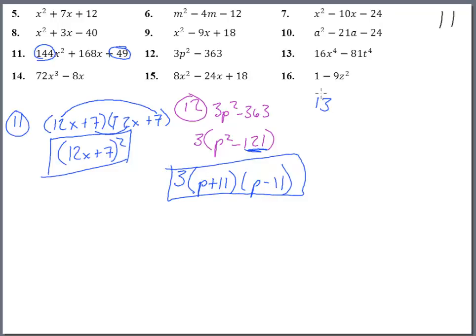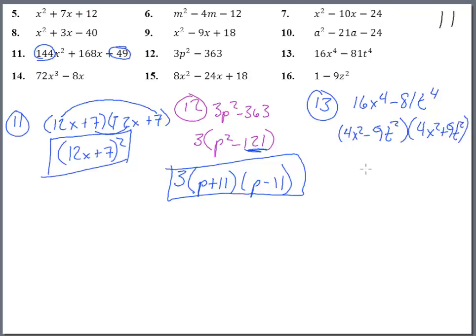Number 13. 16x to the 4th minus 81t to the 4th. Is there anything common? Let me see, 16 is made up of 2, 2, 2, 2, and 81 is 3, 3. So these are perfect squares indeed. So we would get 4x squared minus 9t squared, 4x squared plus 9t squared.